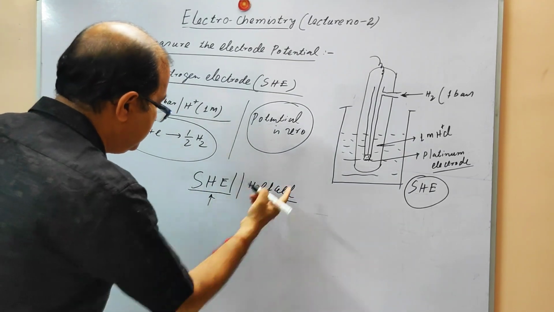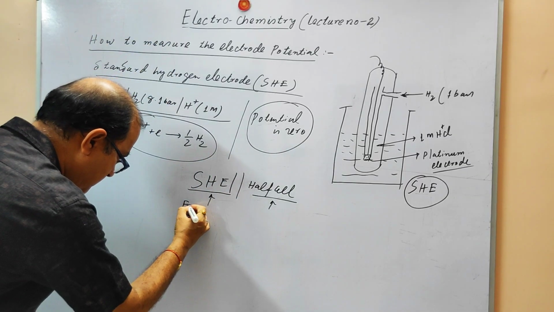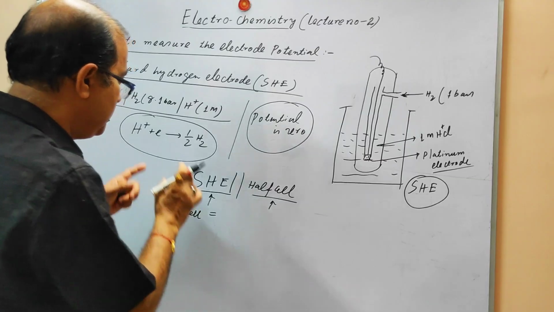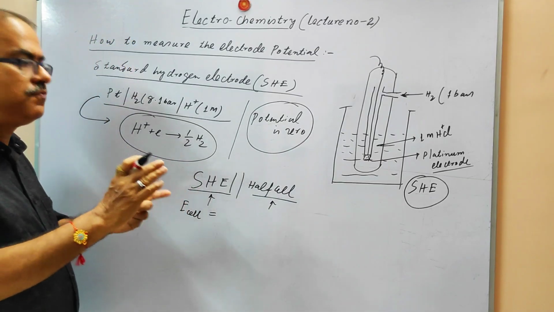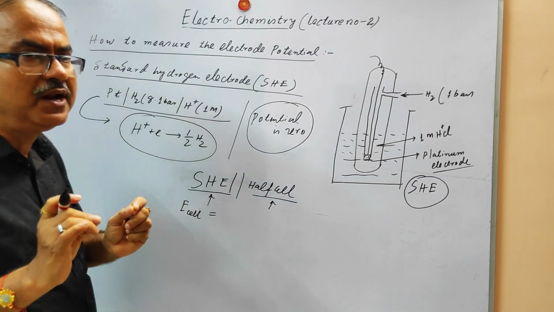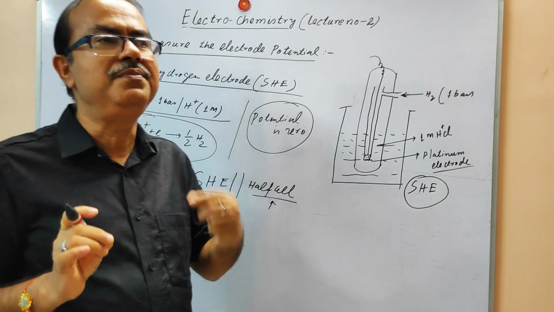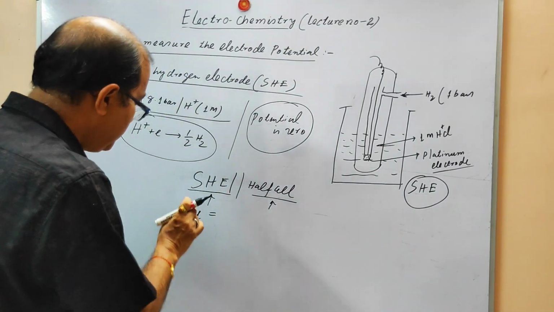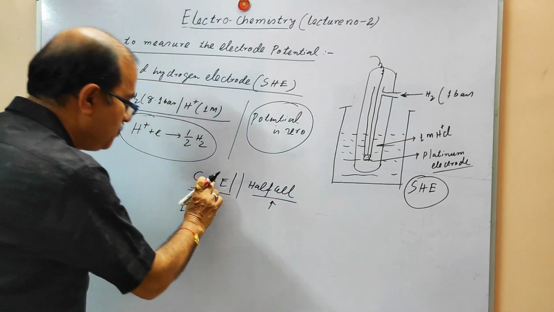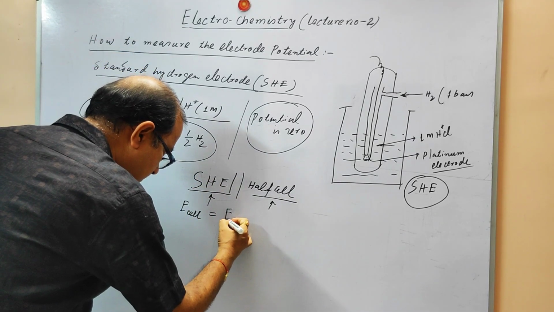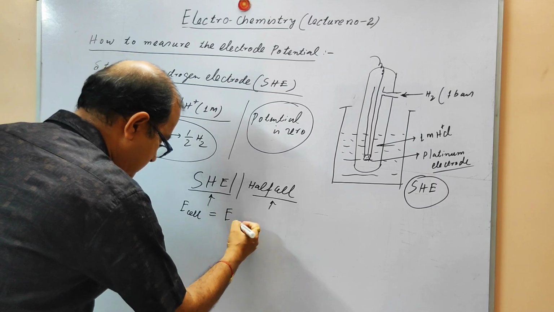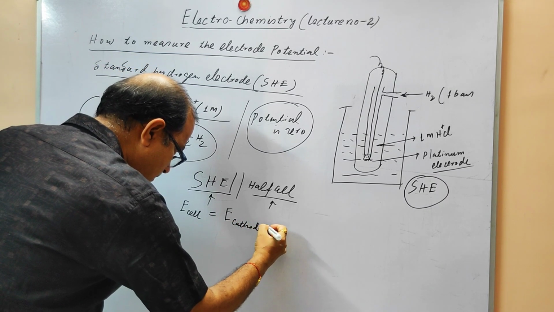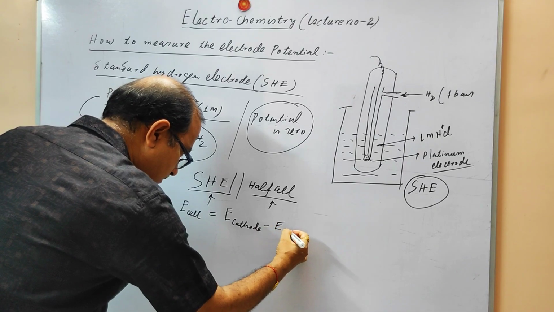Now we know E cell, because we can calculate the difference of the electrode potentials, but we do not know the electrode potential individually. We know E cell equals E cathode minus E anode.